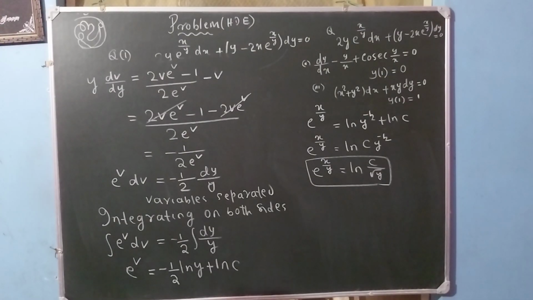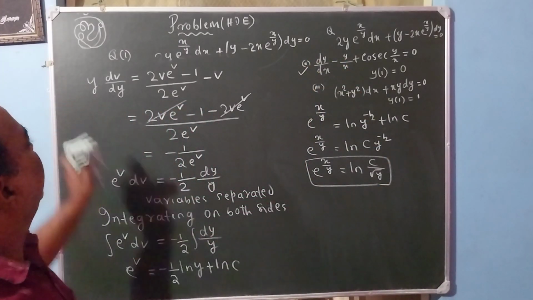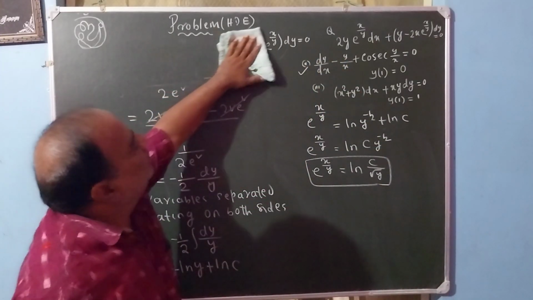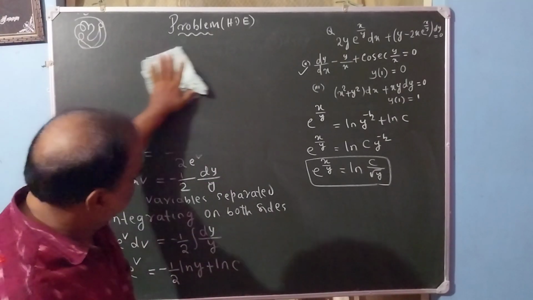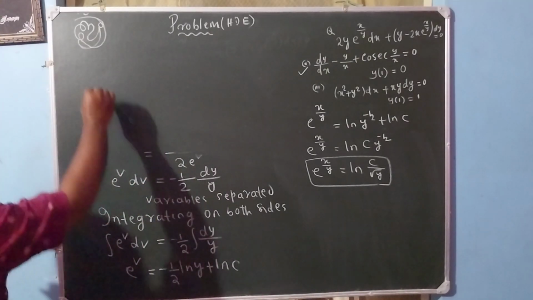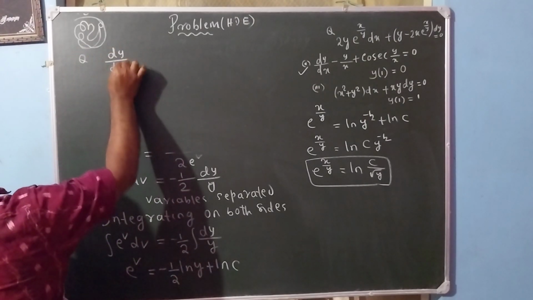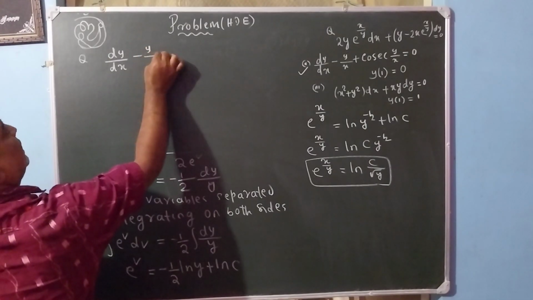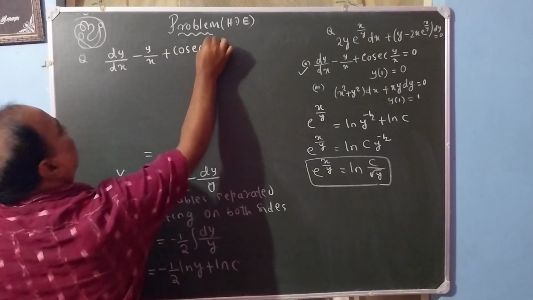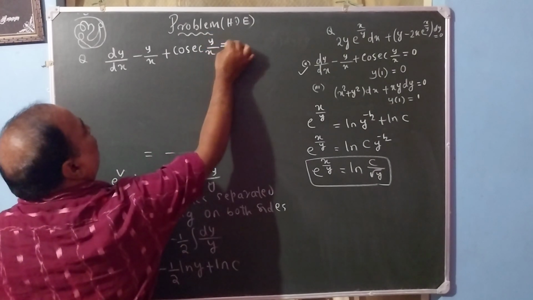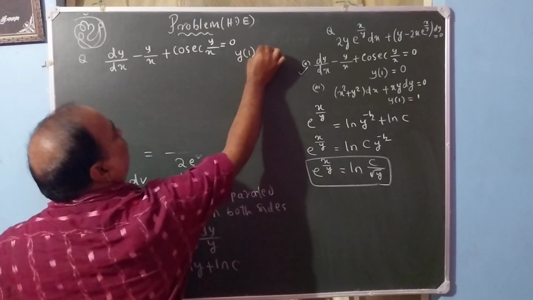Now let us take another question for particular solution. Write down, this is a very important question for particular solution. Question: dy by dx minus y by x plus cosec y by x is equal to 0, given y of 1 is equal to 0.